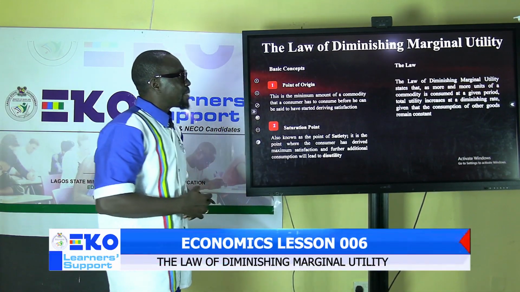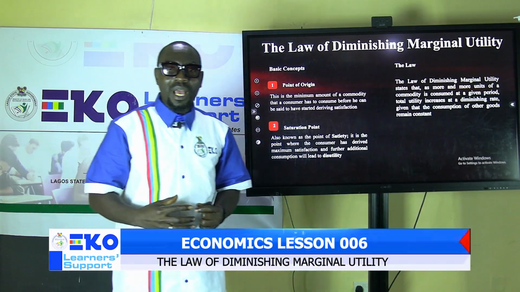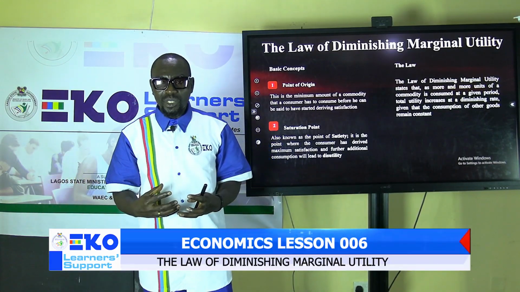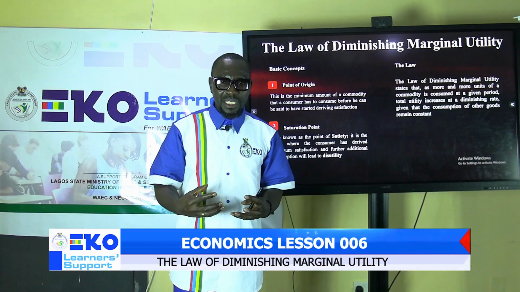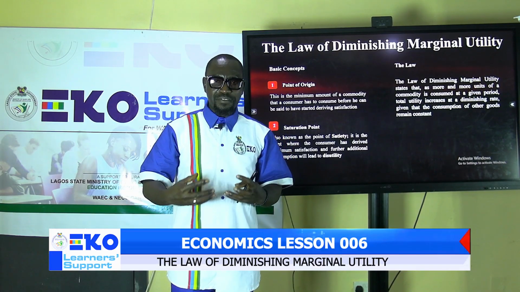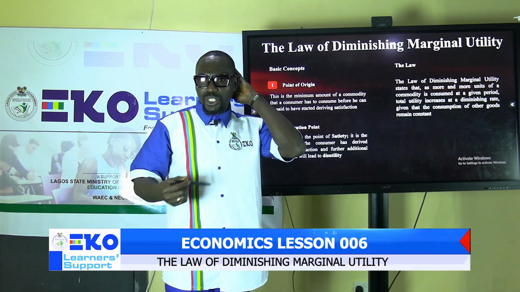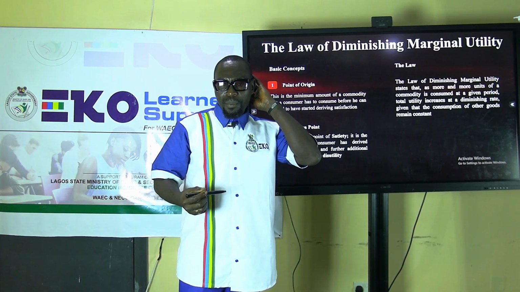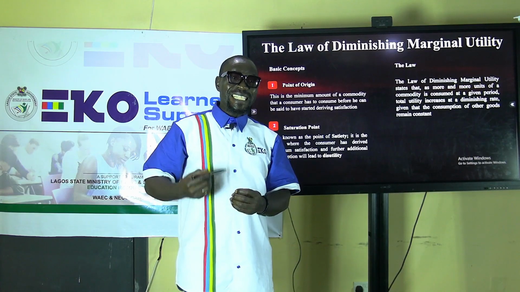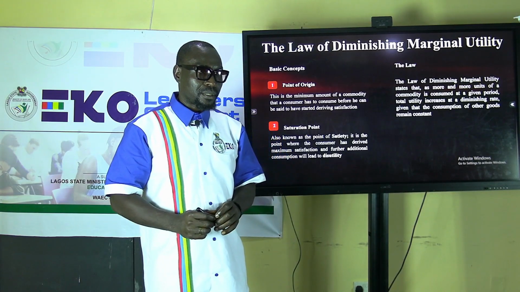The law of diminishing marginal utility states that as more and more units of a commodity are consumed and as you derive more and more satisfaction, the additional unit that you consume begins to give satisfaction at a diminishing rate.